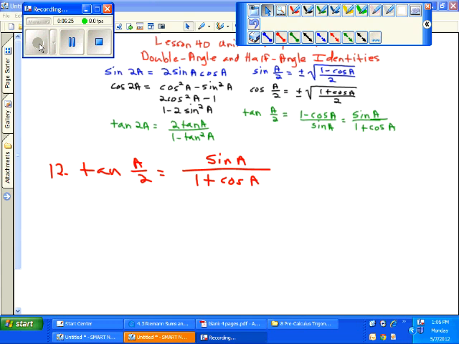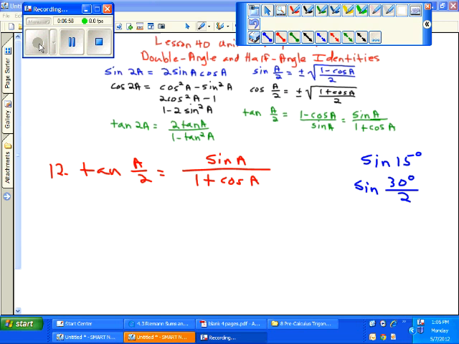Now, let's talk about something. If I had the sine of 30 degrees, or let's just say the sine of 15 degrees, excuse me, I'm going backwards here. The sine of 15 degrees could be rewritten, if we had a half involved, as the sine of 30 degrees over 2, and then you could apply the half angle identity, okay?